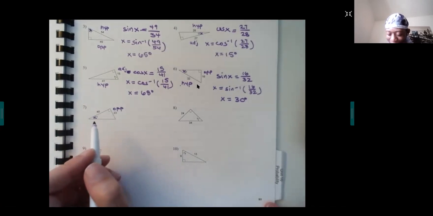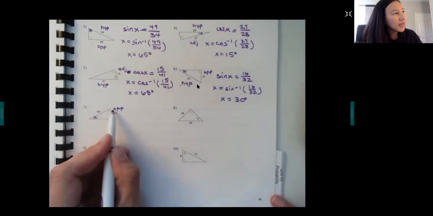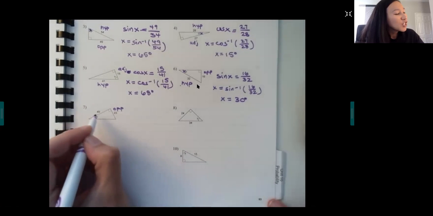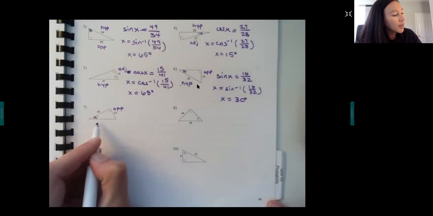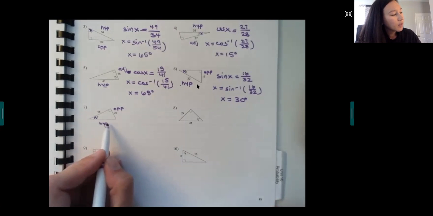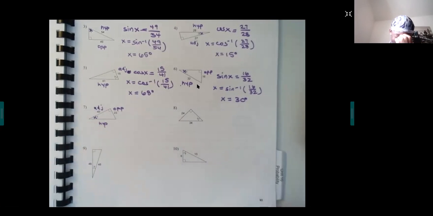And then, so what would our 45 side be? The hypotenuse. So the hypotenuse, remember, is always across from your 90-degree angle. It's the biggest side. So this side would actually be our hypotenuse. So this side's our adjacent side, right?